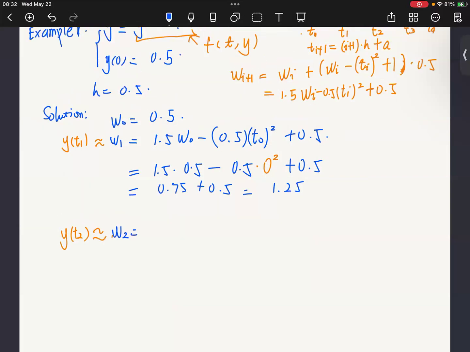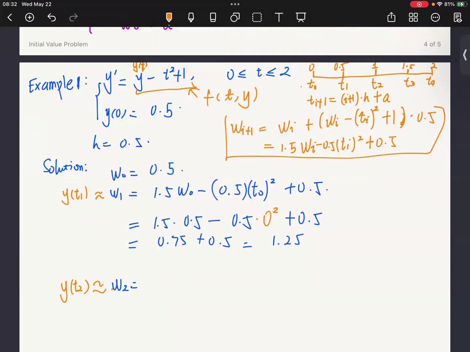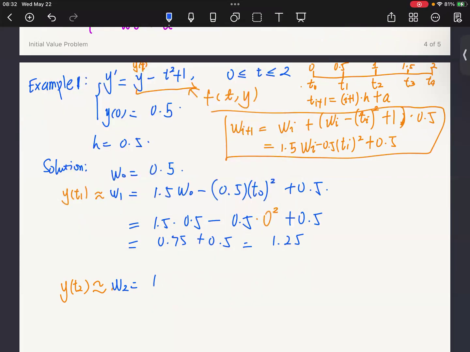From this formula, W2 equals 1.5 W1 minus 0.5 T1 squared plus 0.5, which equals 1.5 times 1.25 minus 0.5, and T1 is just 0.5 here, so 0.5 squared, and then plus 0.5.